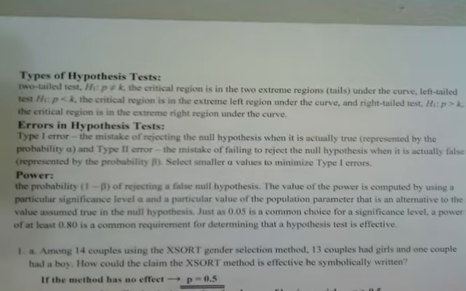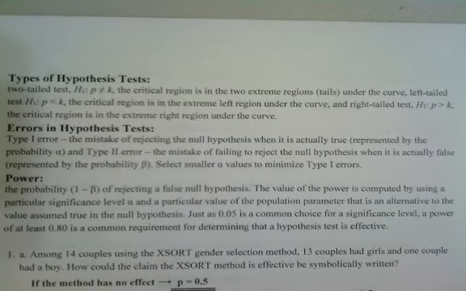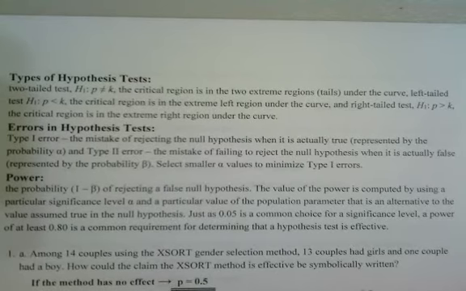All right, so let's now look at some examples of these different terms. We're going to go through most of these terms with this one situation. Among 14 couples using the XSORT gender selection method, 13 couples had girls and 1 couple had a boy. So how could the claim that the XSORT method is effective be symbolically written?